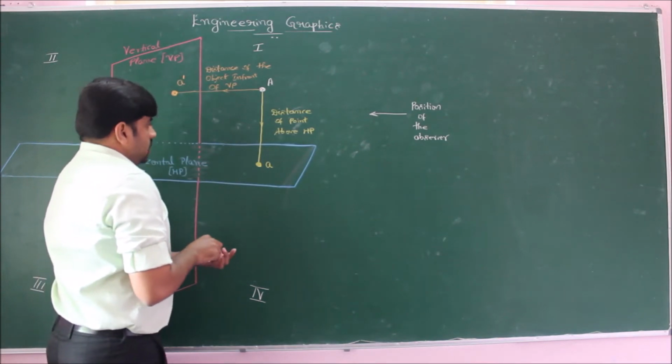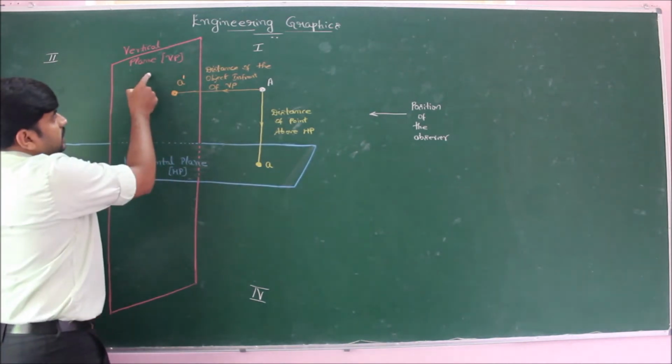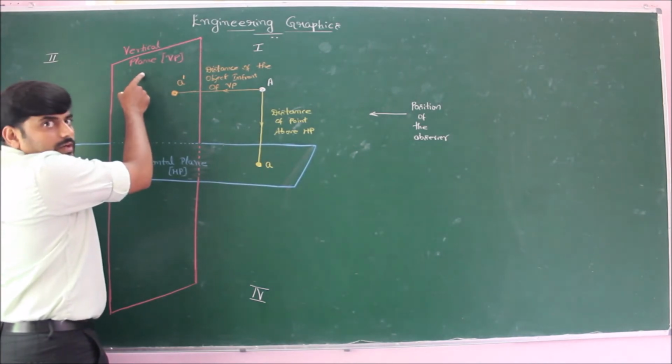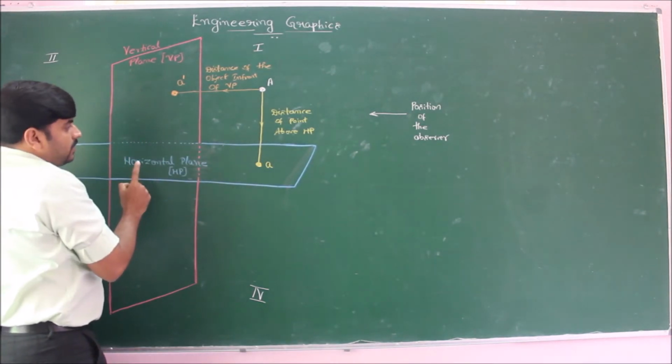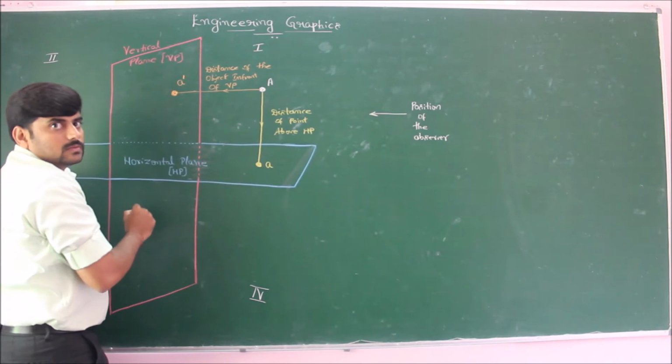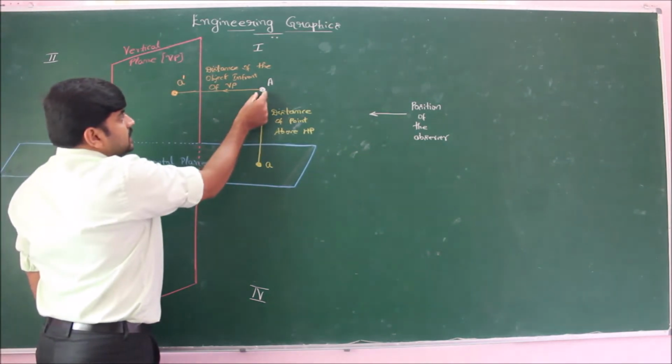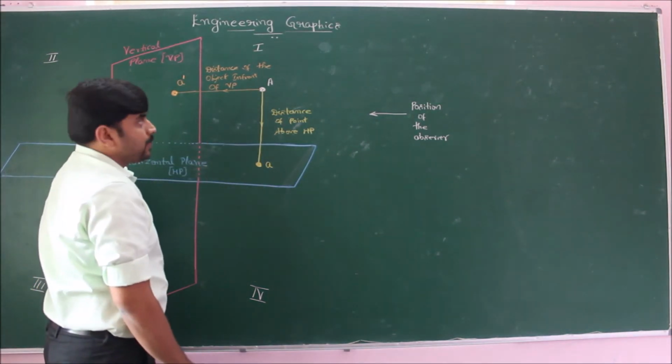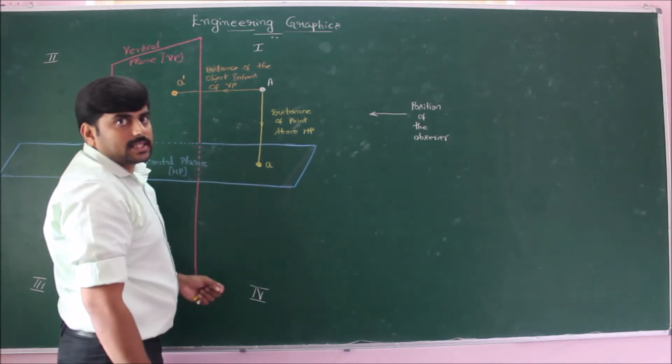So therefore, in the vertical plane we will always plot the front view, in the horizontal plane we will always plot the top view. So when the object is in the first quadrant, we call it first angle projection.